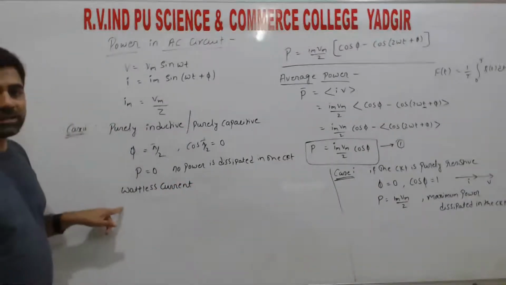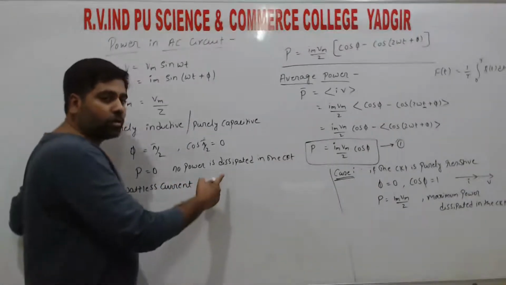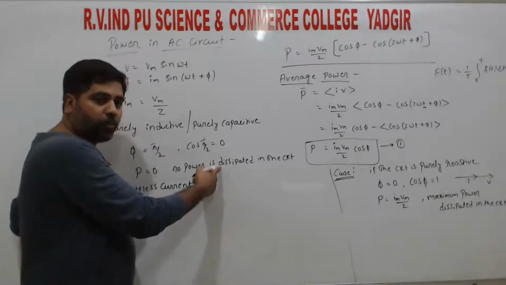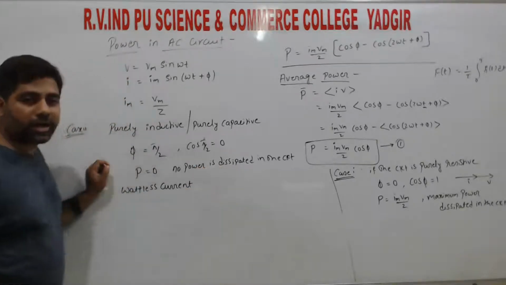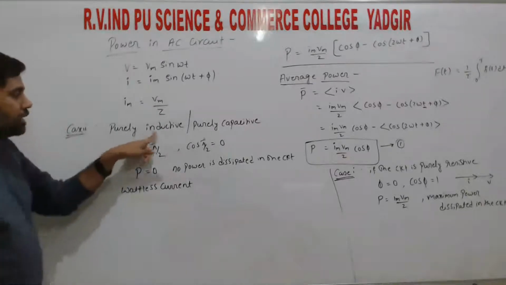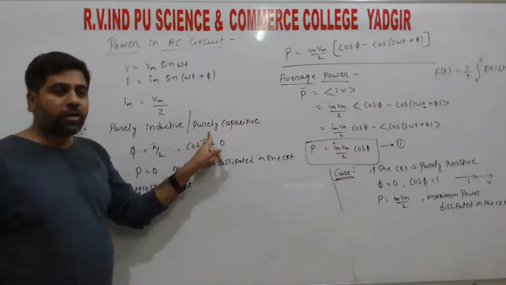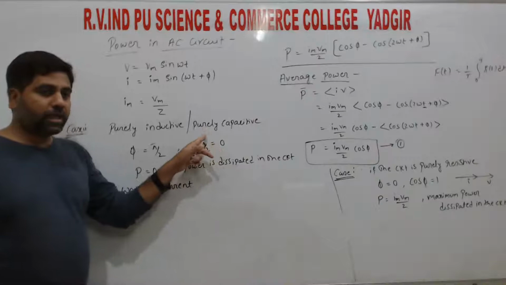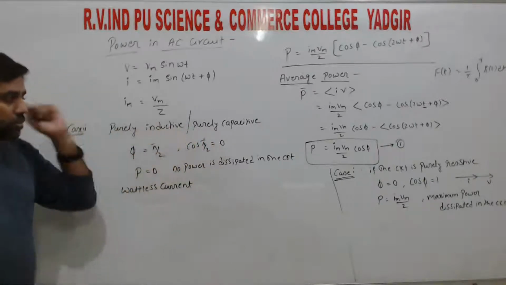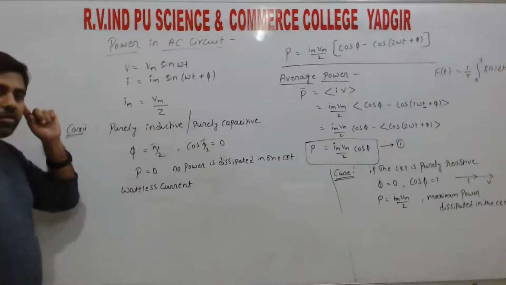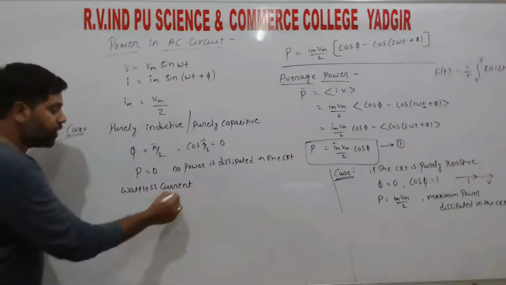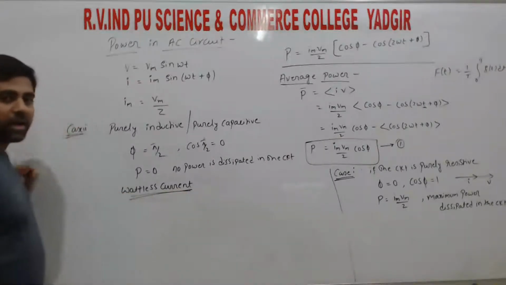Wattless current is the current that flows even though the power dissipation is 0, either in a purely inductive circuit or in a purely capacitive circuit.